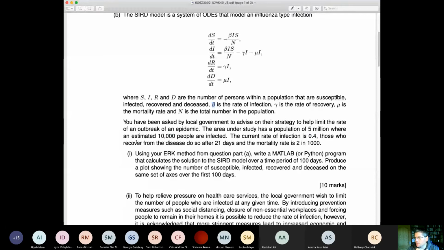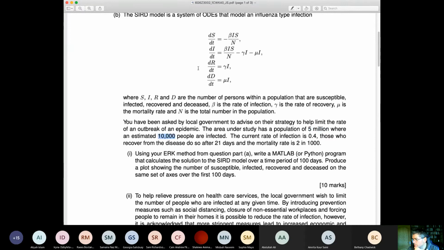Those who recover from the disease do so after 21 days. So the rate of recovery, if it takes 21 days to recover, will be 1/21. So gamma is 1/21. And the mortality rate, which is mu, is 2 in 1,000, so that's 2 divided by 1,000. And you know what N is? N is 5 million.